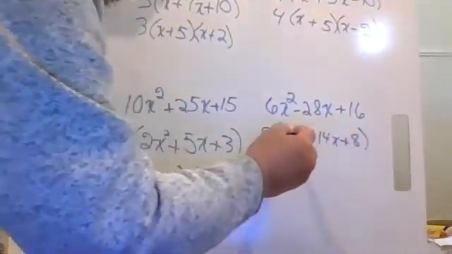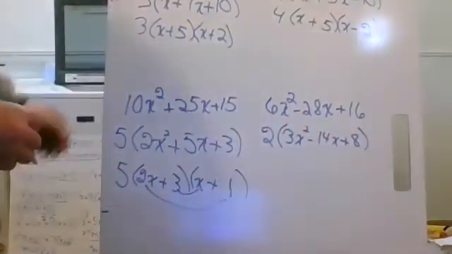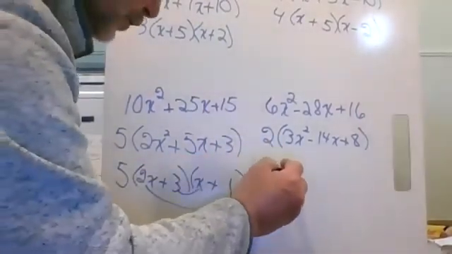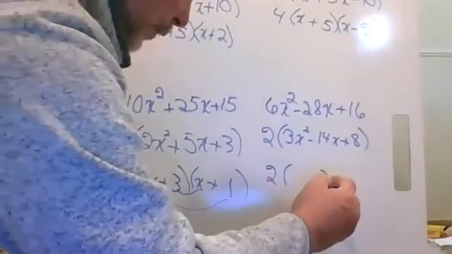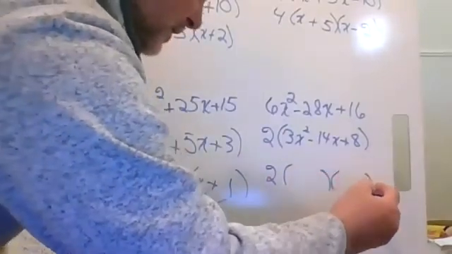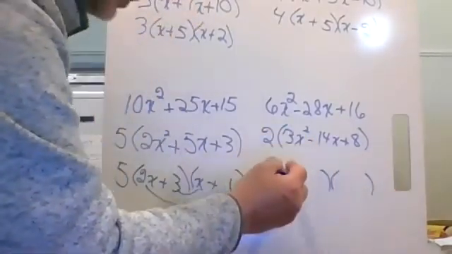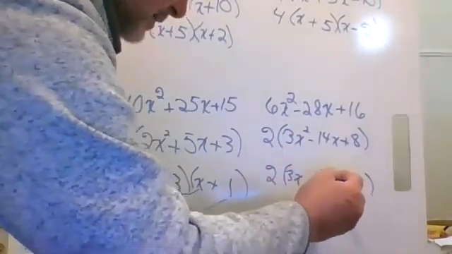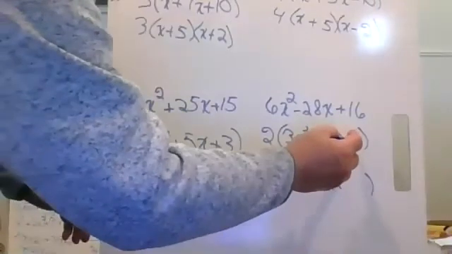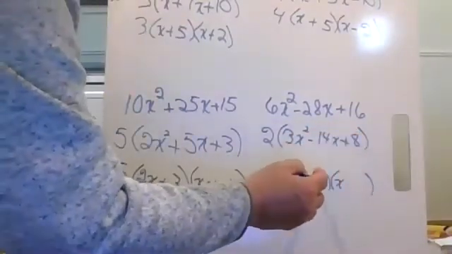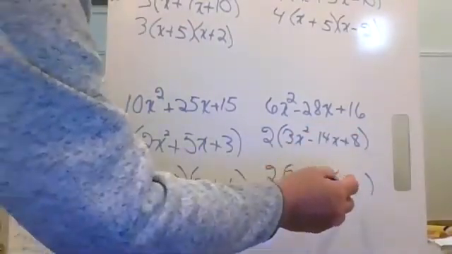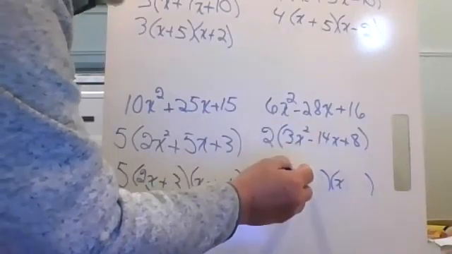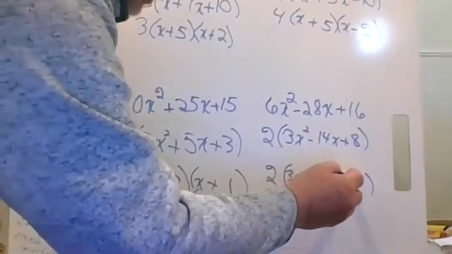And yep, this doesn't have anything common now. Okay, and so now we have the 2, and now we have the parentheses. 3x squared means a 3x and an x. A plus 8 says it's either plus plus or minus minus. You look at the middle sign as a minus. So it's got to be minus minus.